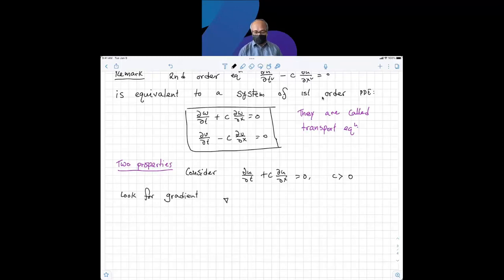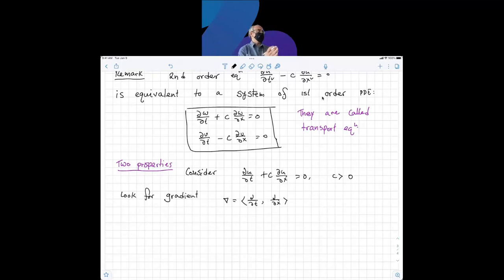A gradient operator, in my notation, is a derivative with respect to one variable and a derivative with respect to another variable. If you memorized the gradient operator as d dx, d dy, d dz, then you don't see the gradient.